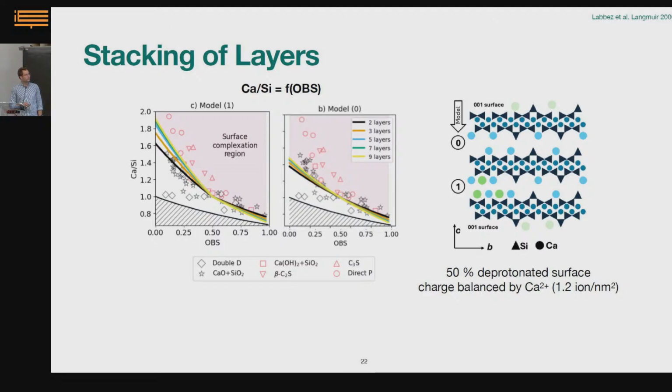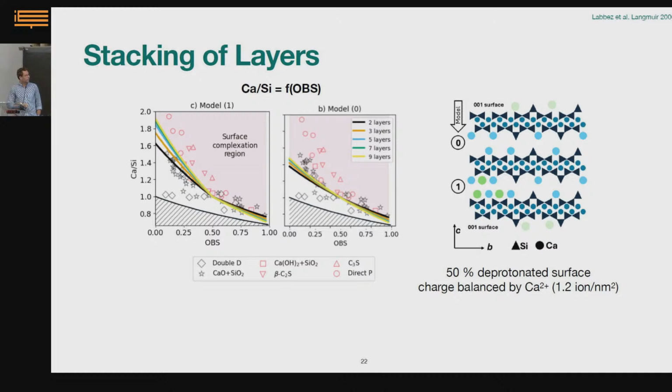If you look at all those data points here, which are double decomposition, they fall on the line between monolayer and a stacked nanofoil. So it seems that all those CSHs are actually single nanofoils, just one main layer, no stacking. And there's a paper from Wu et al. in Small, where they show that you can control the specific surface area by how fast you titrate, and they managed to get specific surface areas of 500, which actually suggests a single monolayer.